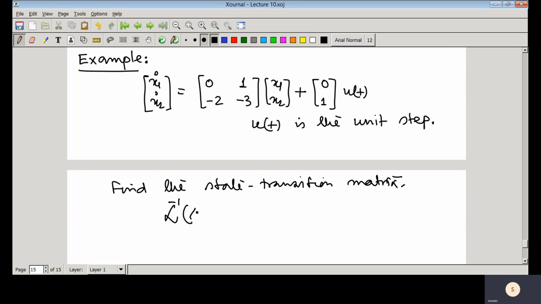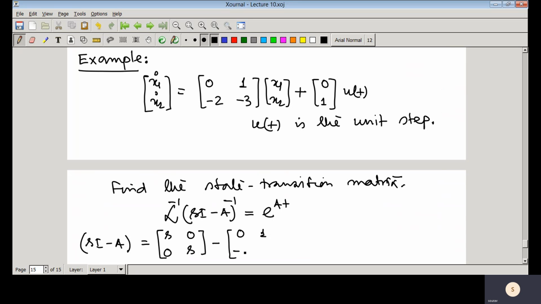And we have seen that the state transition matrix is the Laplace inverse of (sI minus A) inverse, which equals e to the power At. So first we find what (sI minus A) is, as before. As A is a 2 cross 2 matrix, that would be a 2 cross 2 identity matrix times s, and here you have 0 1 minus 2 minus 3, that is the A matrix. So we have s minus 1, 2, and s plus 3.